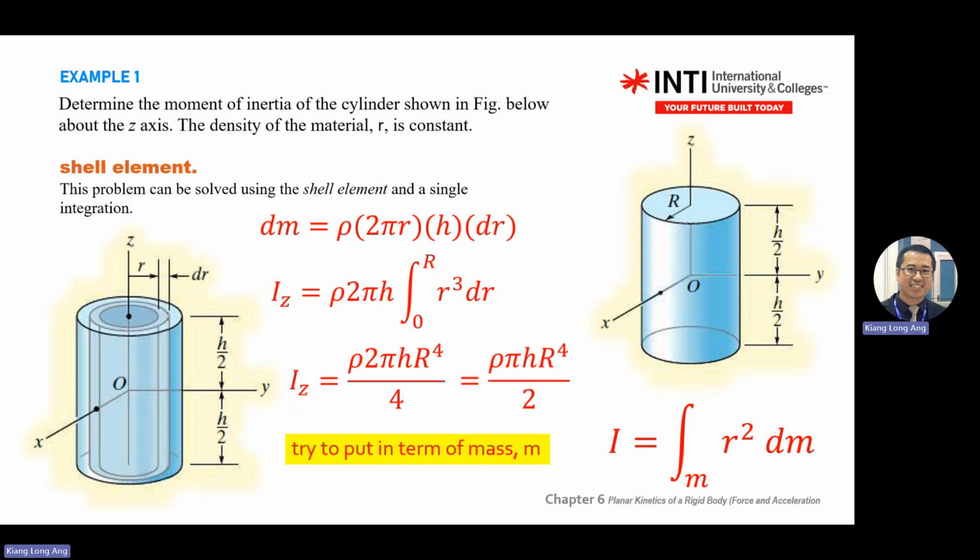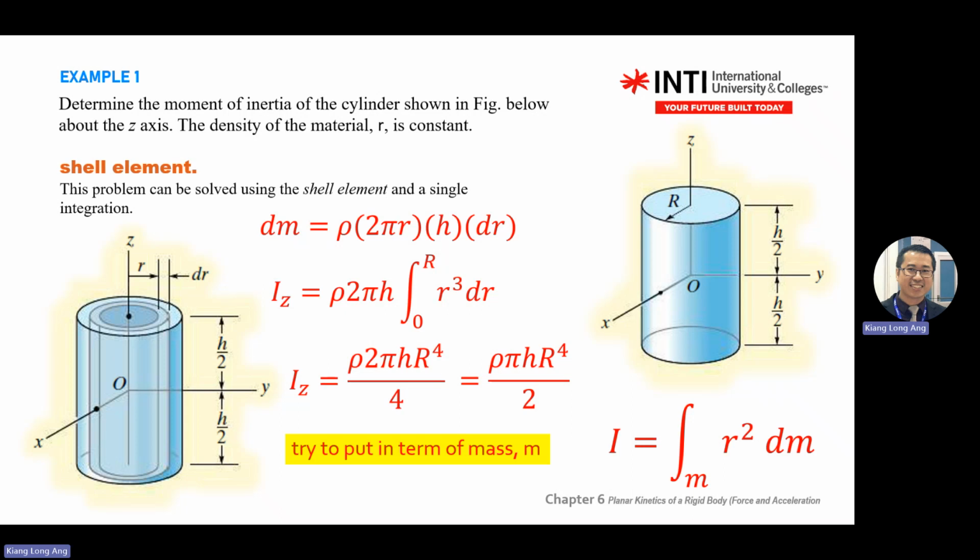So this one changes into how many m? From example one, your I equals rho pi h r power 4 divided by 2.